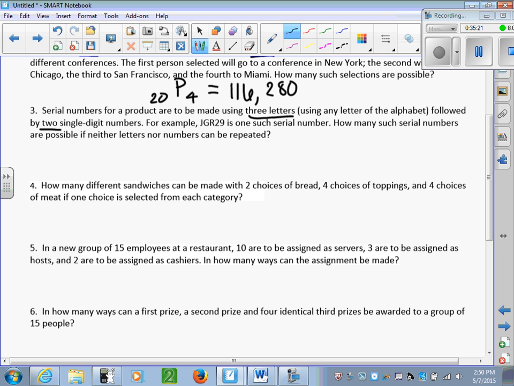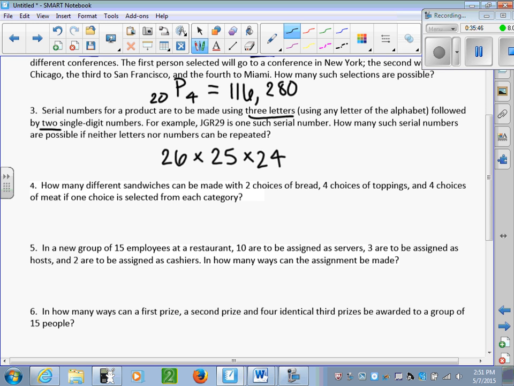Okay, so letters are, when I first start, I have 26 options for letters, correct? It's 26 letters in the alphabet. After I choose my first letter, now I only have 25 options to choose from. Choose the second letter, now I only have 24 options to choose from. Okay? And then I have how many single digit numbers? Well, I actually have 10 of them, right?